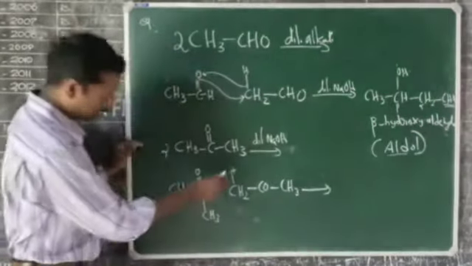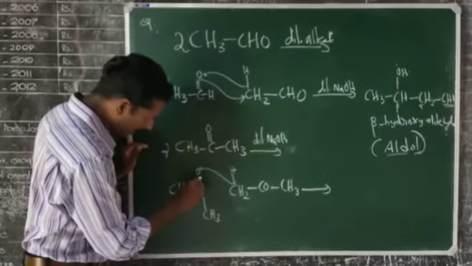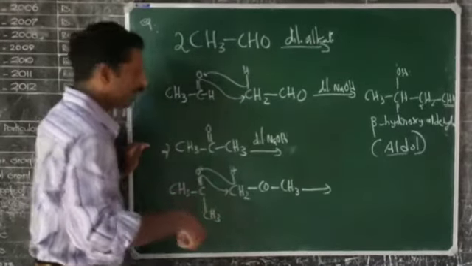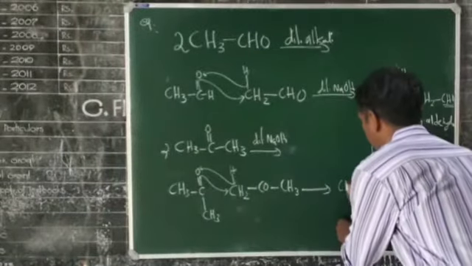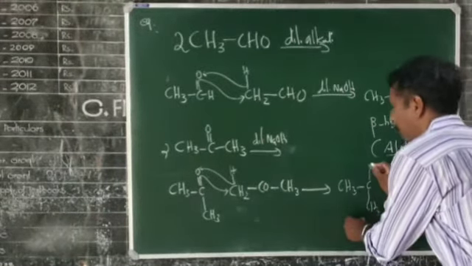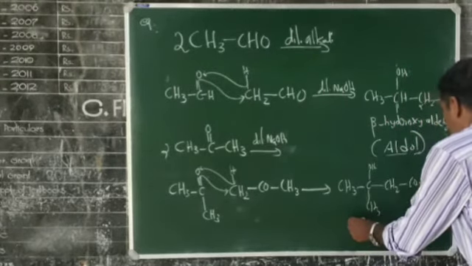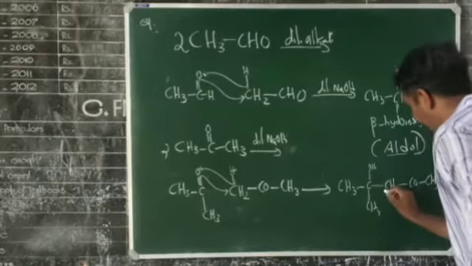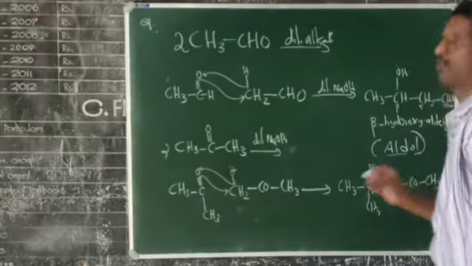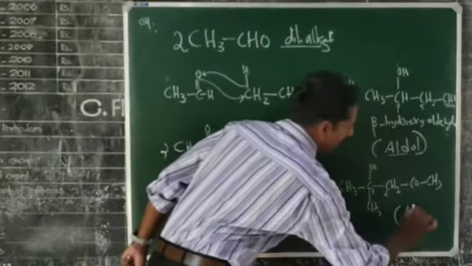Correct? As we discussed, this hydrogen will be shifted to oxygen. This bond is breaking from oxygen and will join with carbon. So what we get? We get CH3, here it will become OH, and here it is CH2, CO, CH3. CO group attached alpha, beta hydroxy ketone. This is also known as aldol.